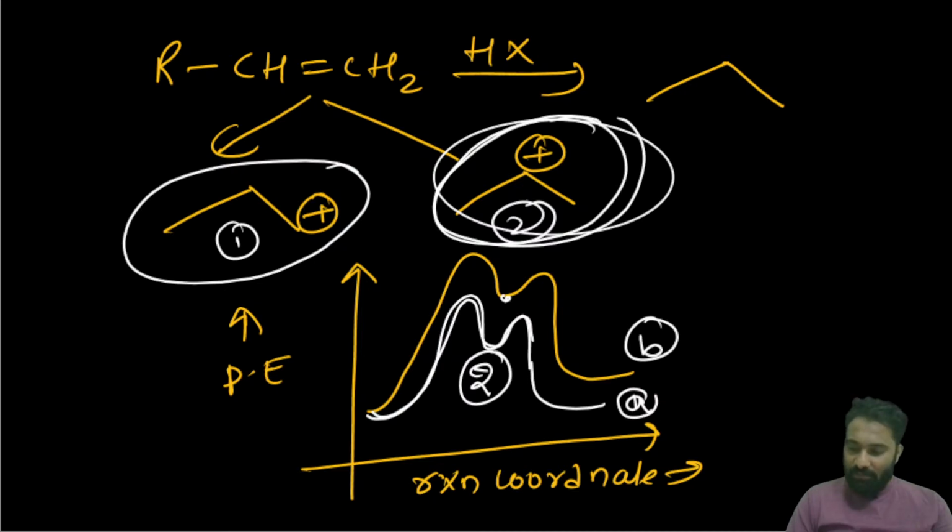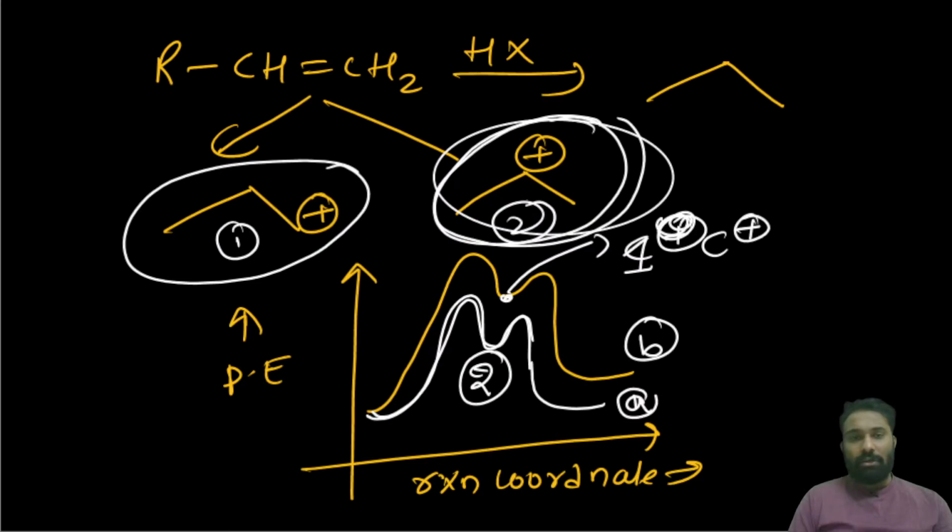And this energy profile diagram is for the 1 degree carbocation, and this is for the 2 degree carbocation. So the compound which is bearing the stable carbocation, its potential energy will be less.